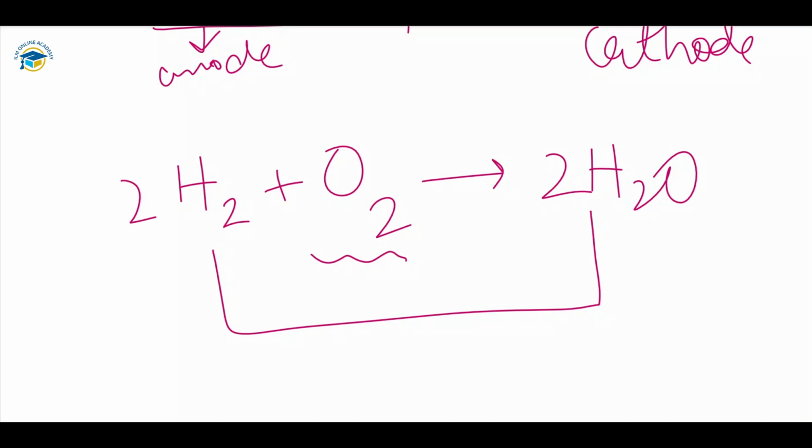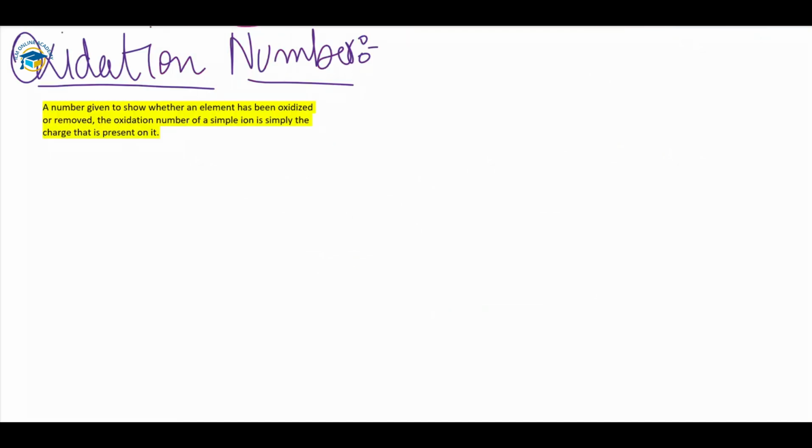Next we'll talk about the last content, which is about oxidation numbers and the color test for oxidizing and reducing agents. This is the simplest definition of the oxidation number. It is the number given to show whether an element has been oxidized or reduced, and the oxidation number of a simple ion is simply the charge present on it.